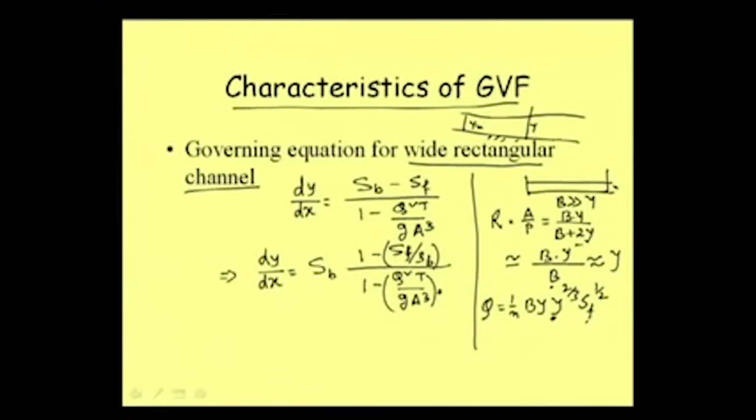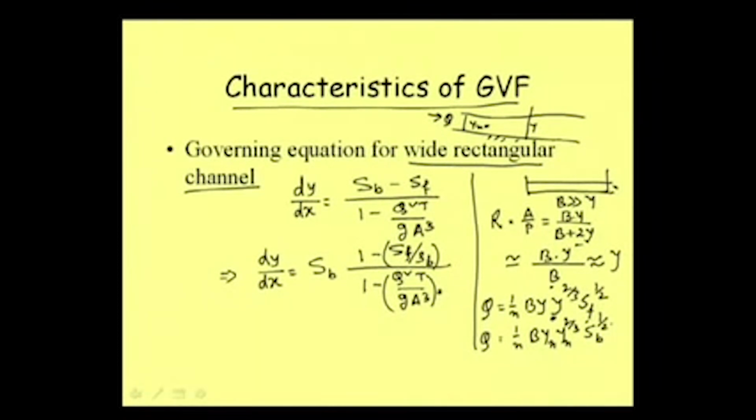So, in general, we can write for any depth, this is the expression, and of course, here we are making one assumption that the resistance flow formula is valid. That is why we are writing this equation, because the same amount of discharge Q is flowing here. Now, when we write for Yn, then we can write 1 by n b yn, then hydraulic radius for normal depth condition is also yn to the power 2 by 3, and this we can write as SB to the power half.